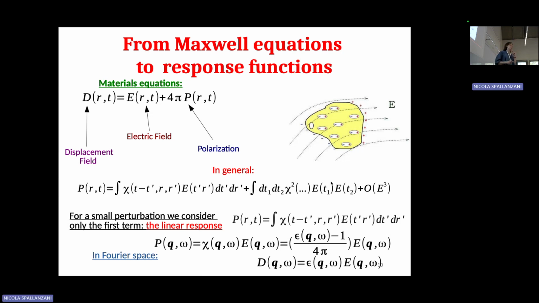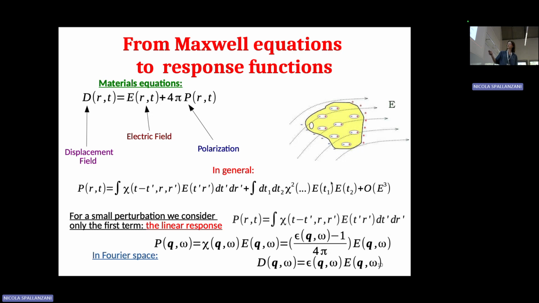One thing that I forgot to say is that in the response function we have the information on the response of the material to the perturbation. The material, in a certain sense, absorbs this light, this energy, and converts it, for example, into electronic excitation.